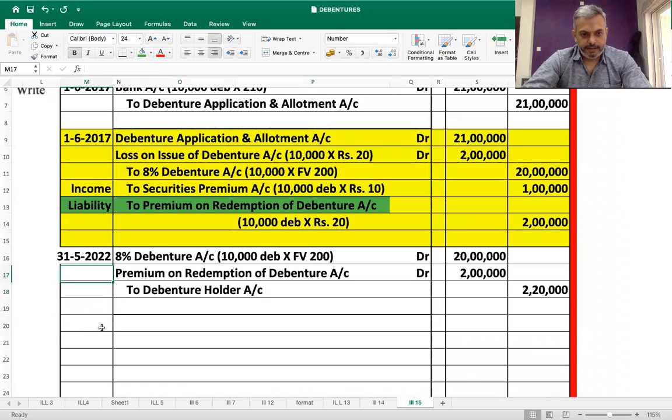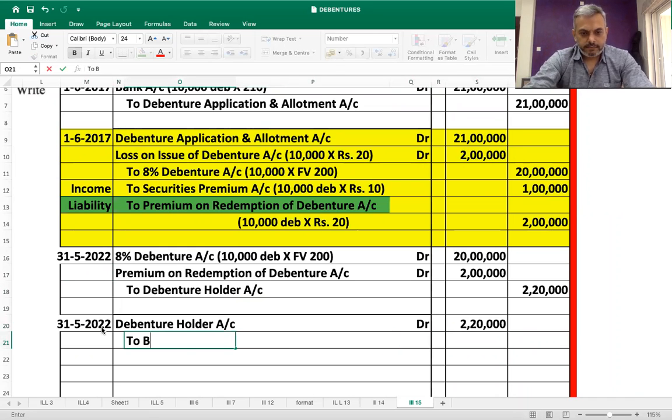And then finally, debenture holder account debit to bank 2,20,000. That's it. Close it.